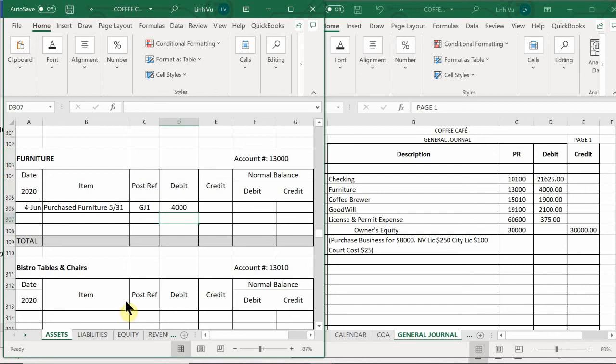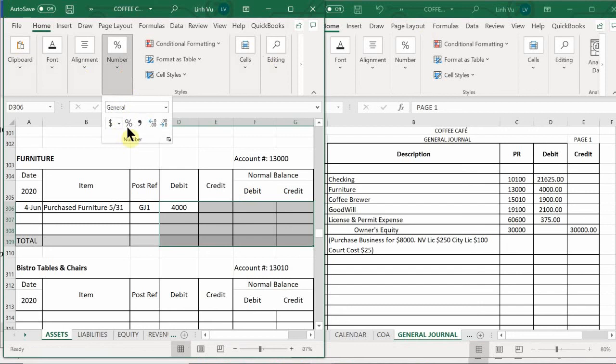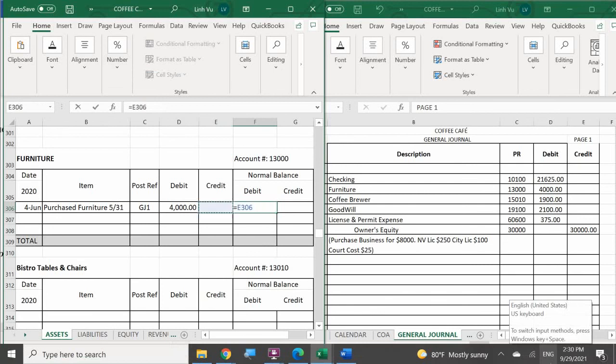So if I started out with zero furniture and I debited furniture, I now have a debit balance for furniture of $4,000.